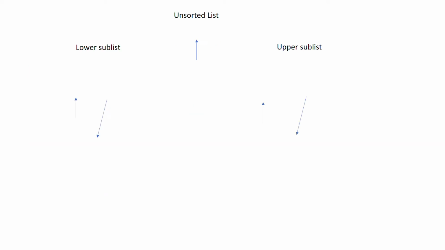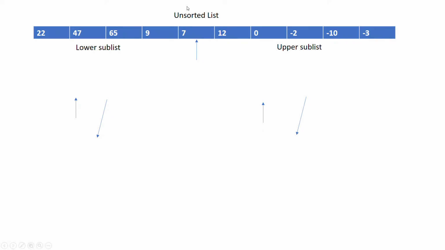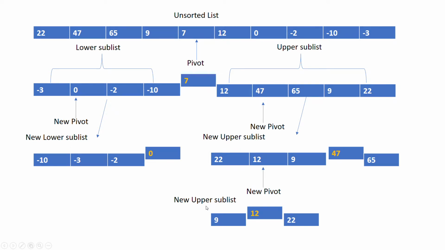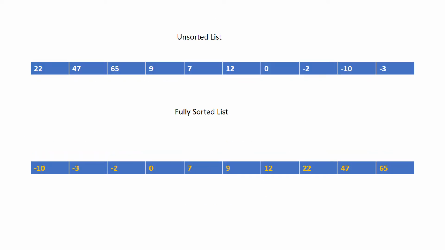Here I have that same unsorted list, and I did the quicksort algorithm once, and now I know that my pivot is in the correct spot, so I can just leave that there. After that I can use the quicksort algorithm again and recursively do that, so on and so forth, until I get lists of size 1, and eventually I'd arrive at a fully sorted list that would look like this.